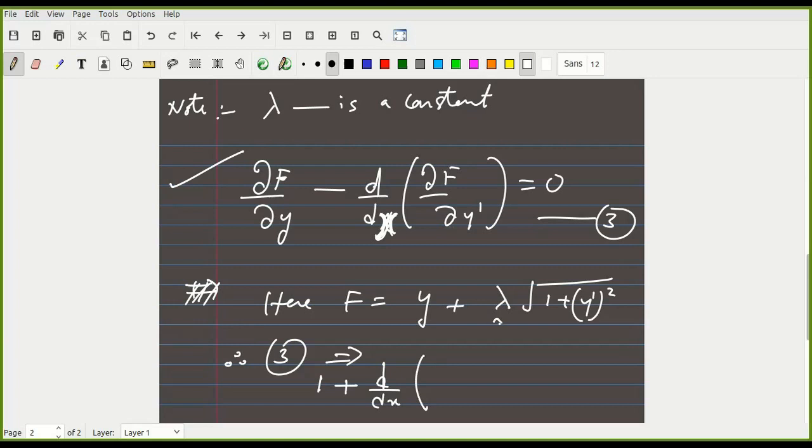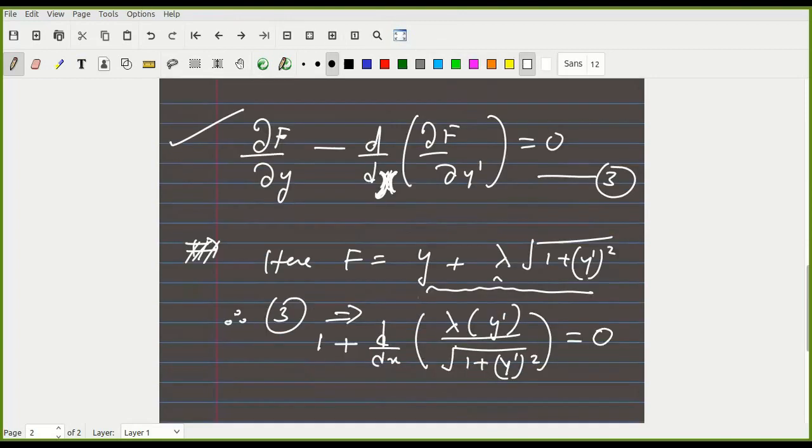So I have to take the partial of this whole functional with respect to y dash. So that becomes lambda y dash divided by root 1 plus y dash whole square is equal to 0.